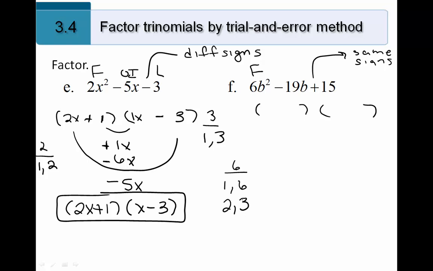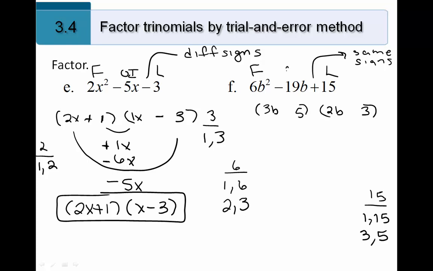Start with my 2 and my 3. So I'm going to just say 3b times 2b gives me 6b squared. Then I'll look at my L. Factors of 15, 1 and 15, 3 and 5. Let's see if 3 and 5 will work. I can't put my 3 with my 3, so I'll see if the 5 will work here and the 3 here.